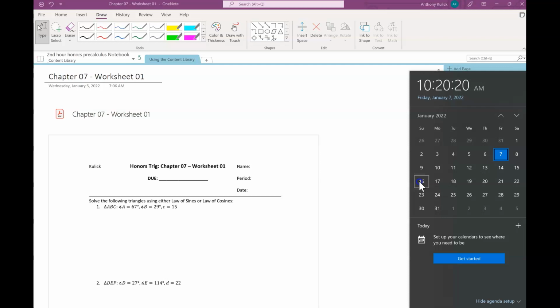Again, I'll keep adding on to this as we assign new things, but for right now, the problem set for the 16th will be our first problem set of the year. And then we're looking at the 17th, which I think will probably be the test day.